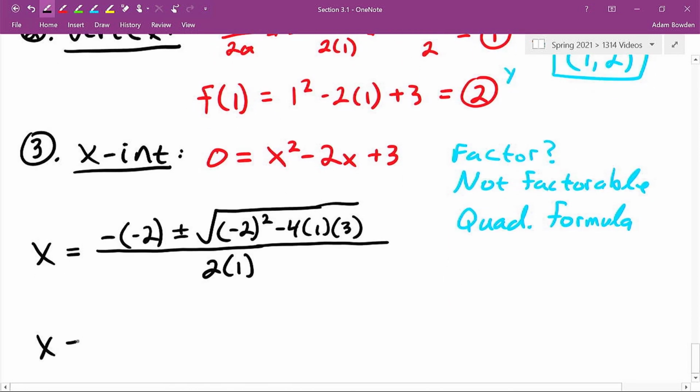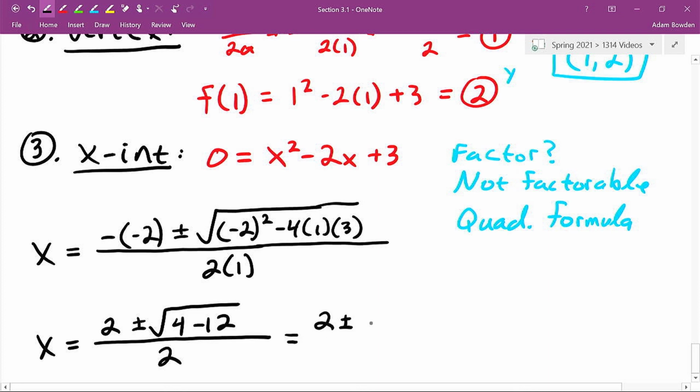When I run through the quadratic formula here, it's going to start off with positive 2 plus or minus the square root of 4 minus 12, all over 2. But pretty quickly here we're running into something. This would be 2 plus or minus, and 4 minus 12 turns into negative 8. So it's the square root of negative 8.